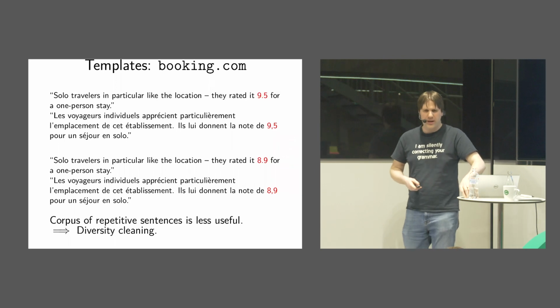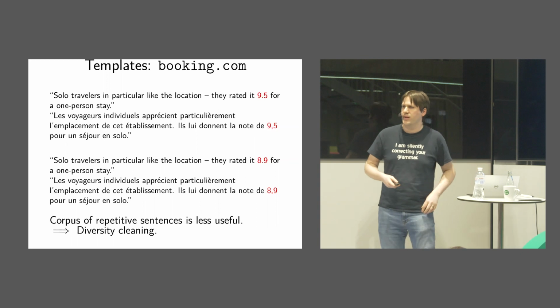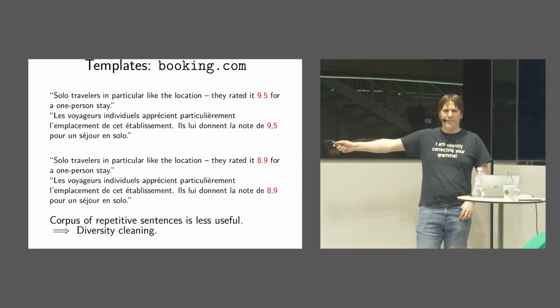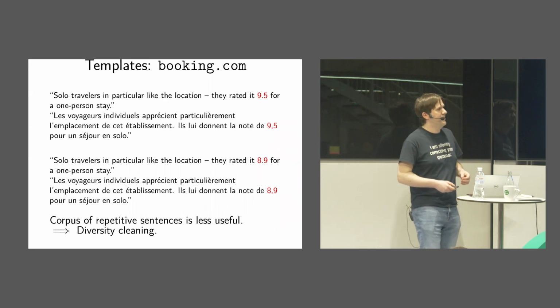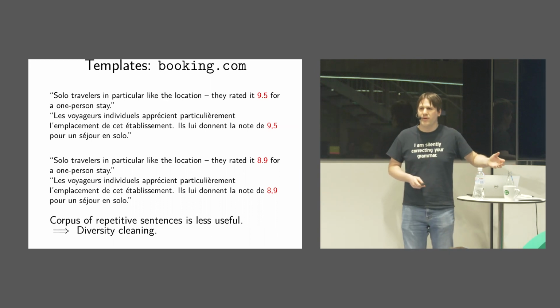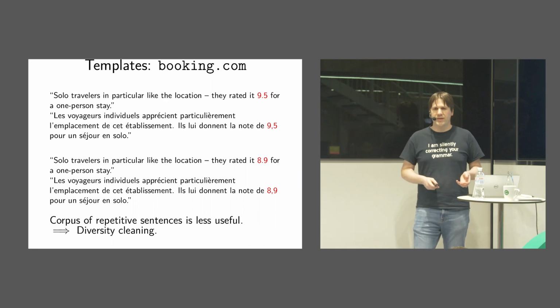Another problem we have is Booking.com. Booking.com uses a lot of templates to generate sentences, and that means you get these good translations that are relatively boring. There's only so many ways you can say that this hotel is this far away from some exciting place, and if the only thing different in the sentence is some number, then the translation system isn't really going to learn much from that.